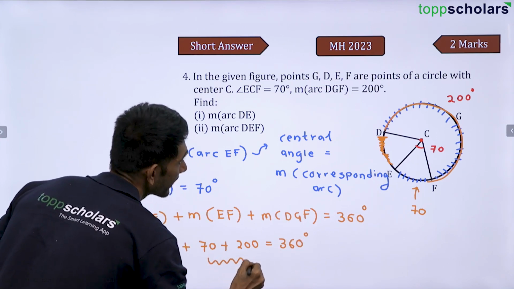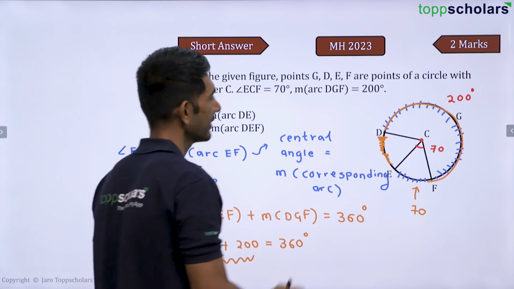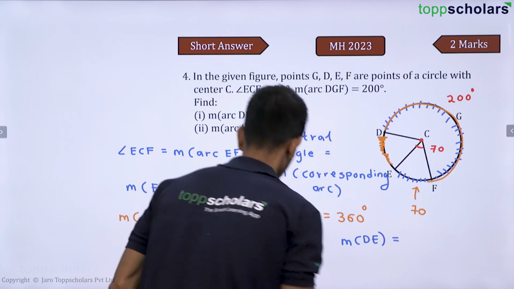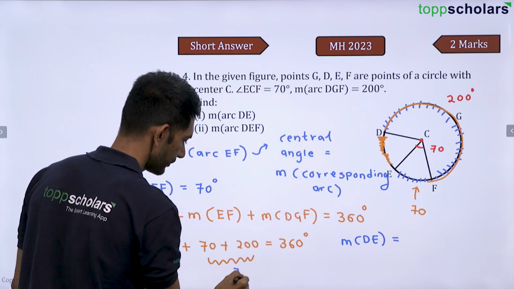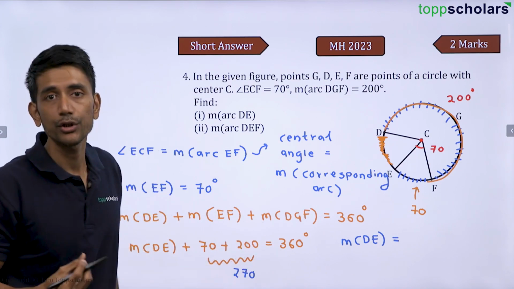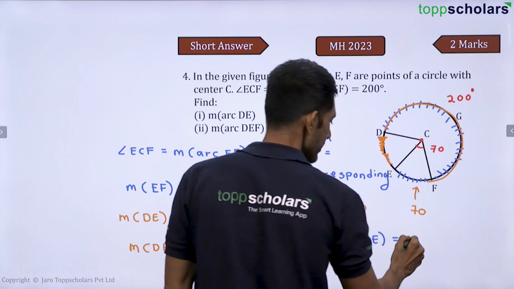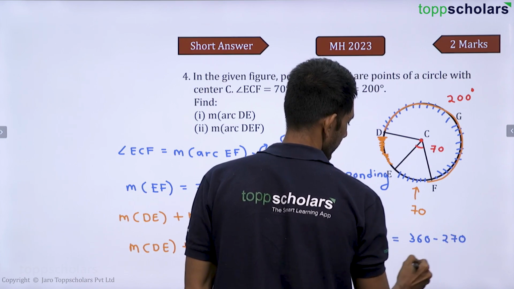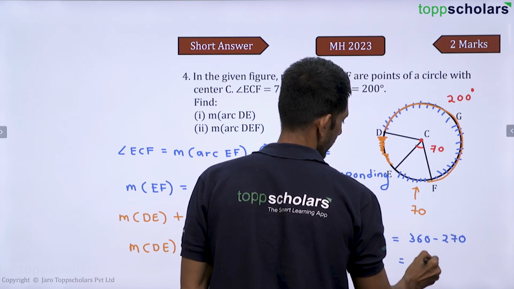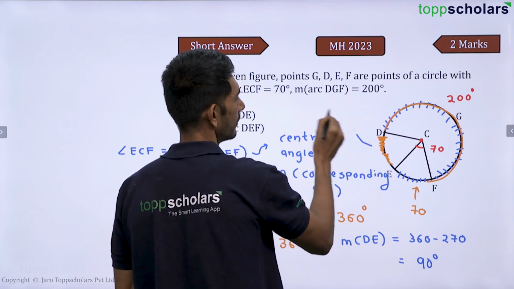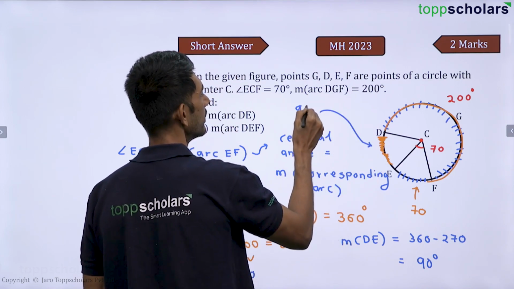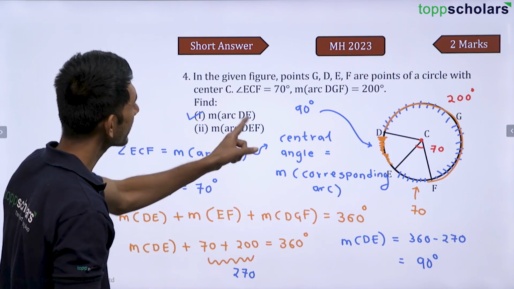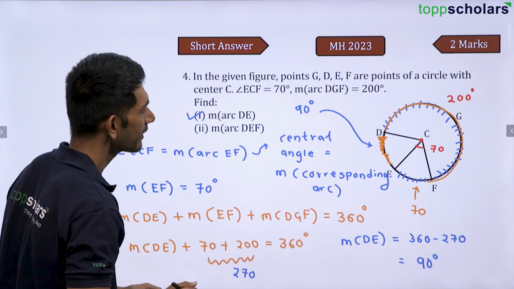So 70 plus 200 is 270. So measure of DE is equal to 360 minus 270, all you need to do is subtract, which is 90. So this particular arc is 90 degrees. So we got this one, right? Measure of arc DE is 90 degrees, right?